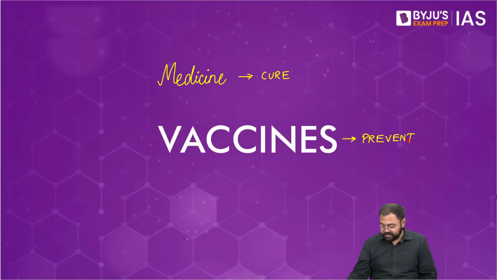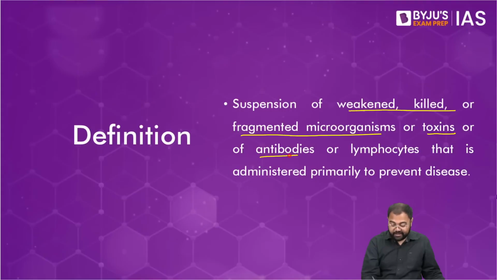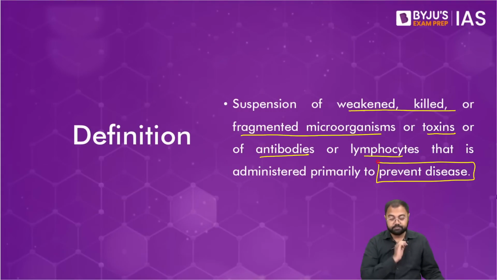Now, when we come to the basic understanding of what a vaccine is, we say that it is a suspension of weakened, killed, or fragmented microorganisms, or toxins, or antibodies, or lymphocytes that are administered primarily to prevent a disease. So let's try to understand what exactly this vaccine is.